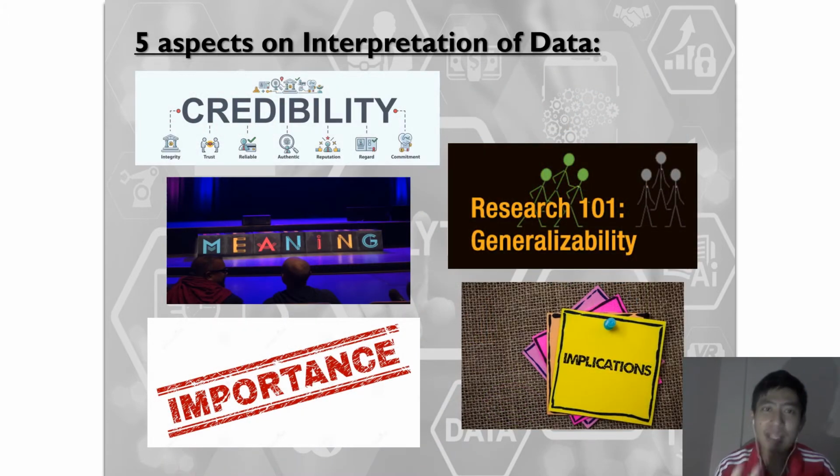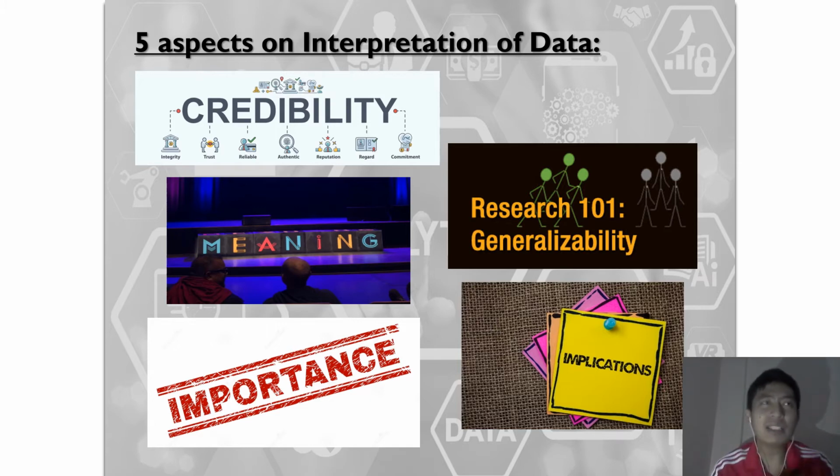Five aspects of interpretation of data. First is credibility. So, does your result have meaning? Is your result important? Does your result have implications? And can your result generalize your claim? First is meaning.